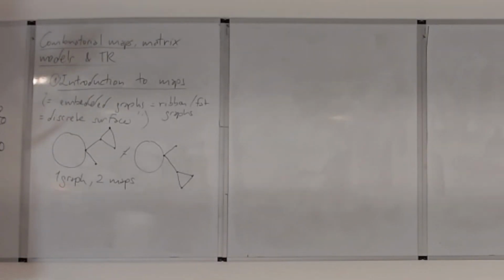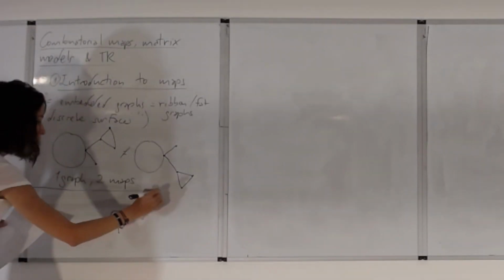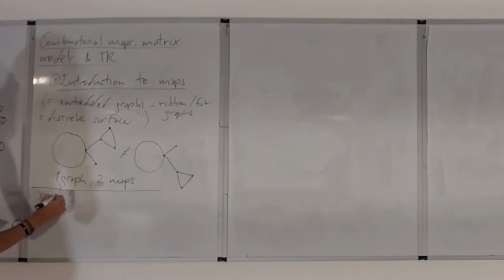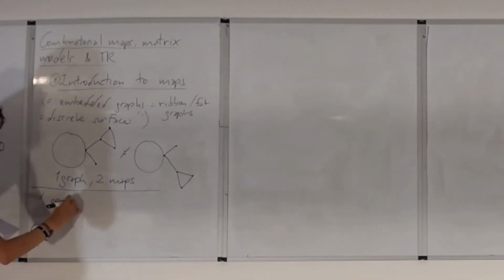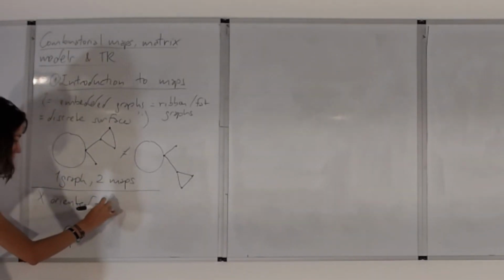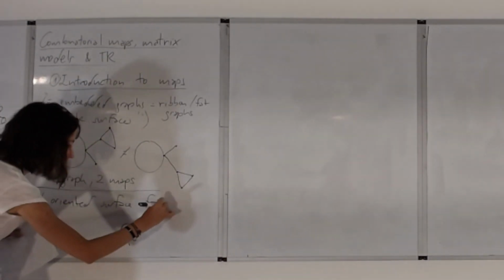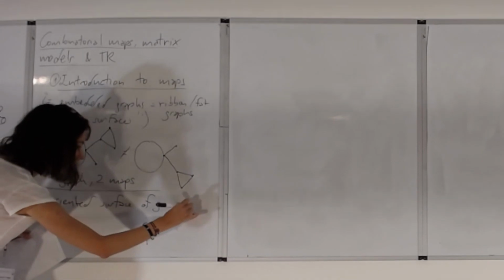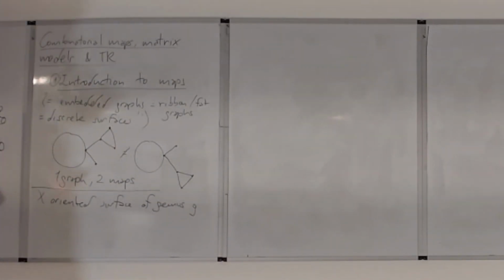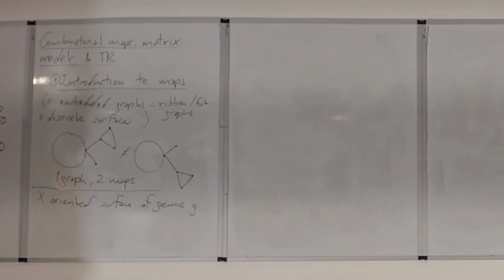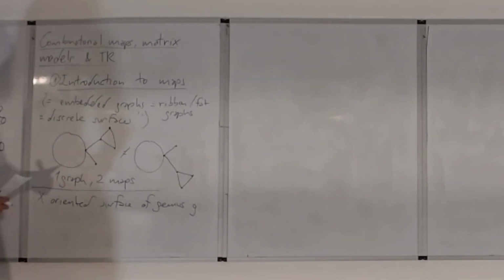So let's give the proper definition. We have X, an oriented surface of genus g. Sorry, my handwriting is not very good. I'm trying my best, but tell me if you don't understand something.